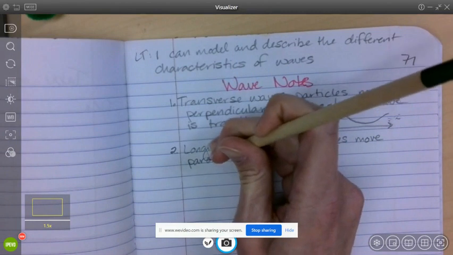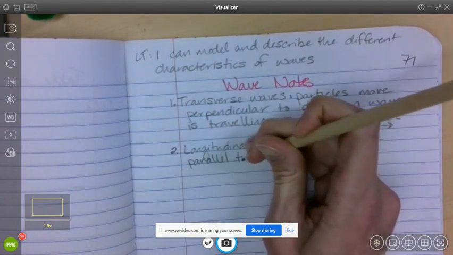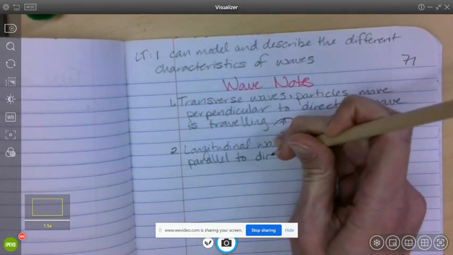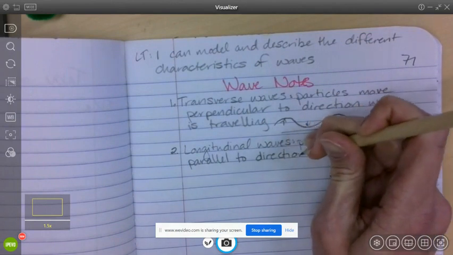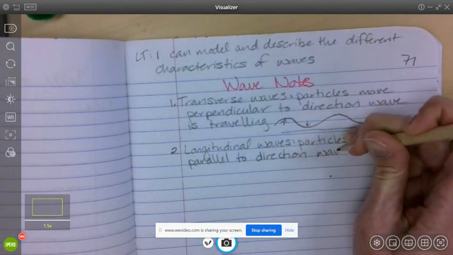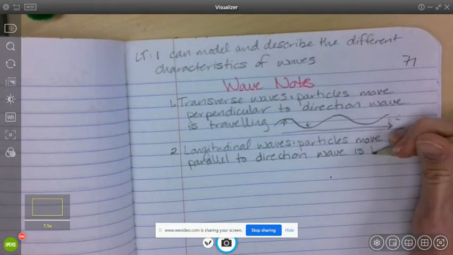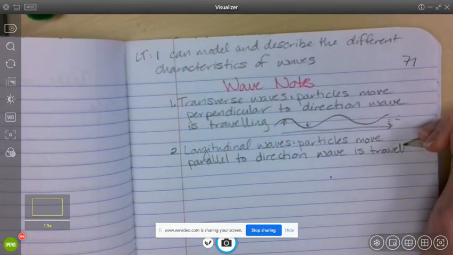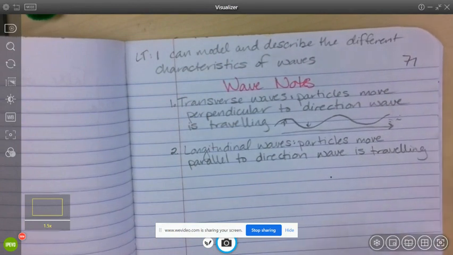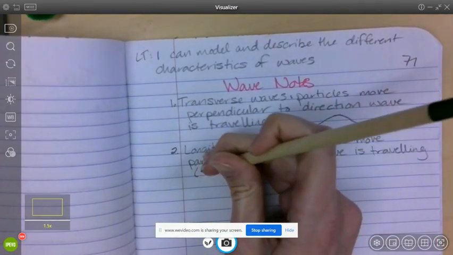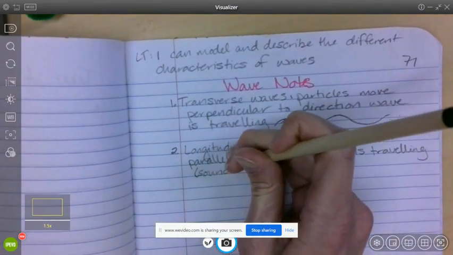Parallel. And so sound waves are examples of longitudinal waves. And we will model this a lot, probably next week.